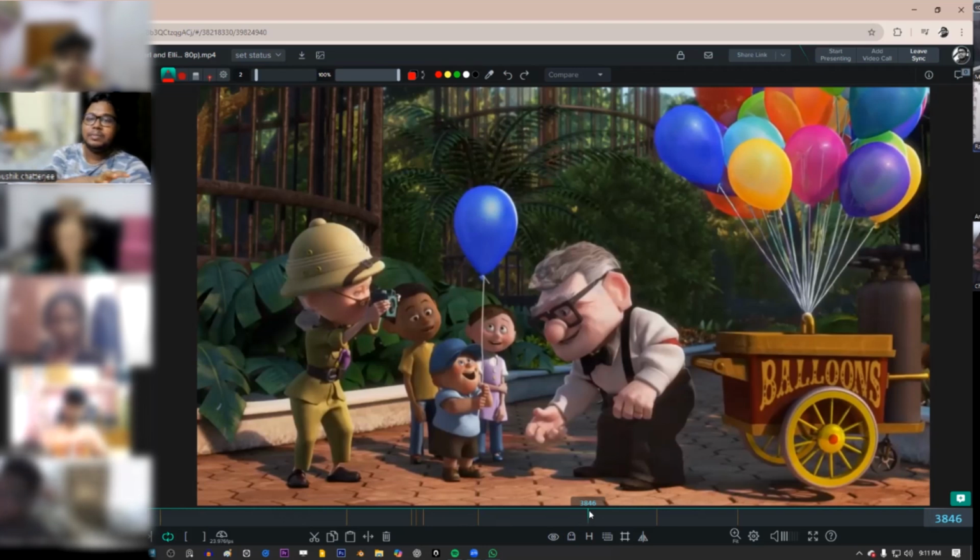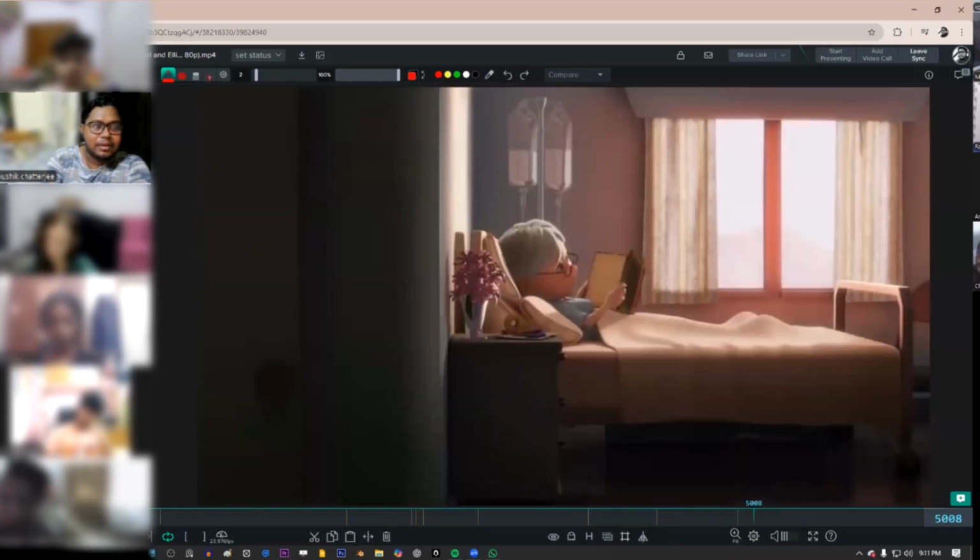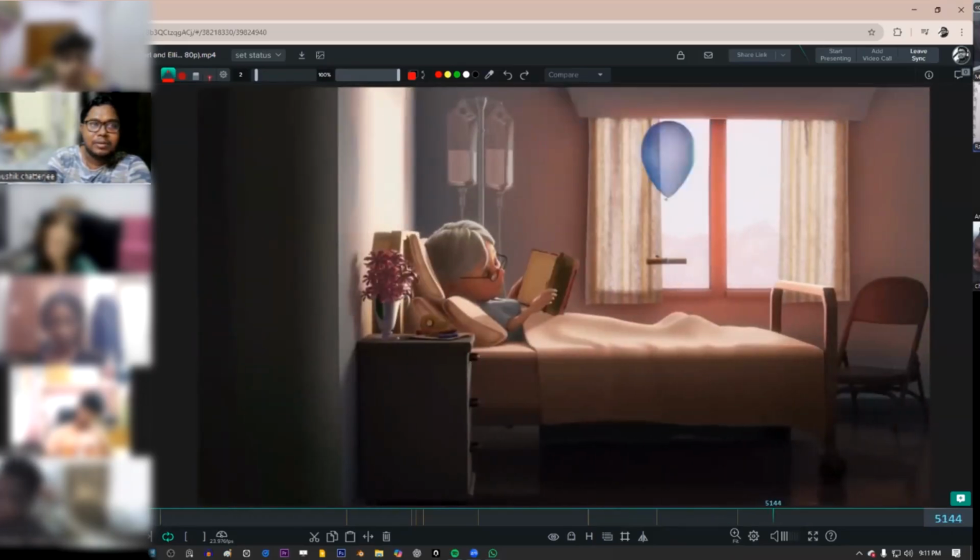The blue balloon here represents love. So when he is giving a balloon to this character, it is like I love you. Take this, it is my part of love I'm giving you. The same way, the same colored balloon, obviously not the same balloon, is used here with the same idea that this is the sign of love.